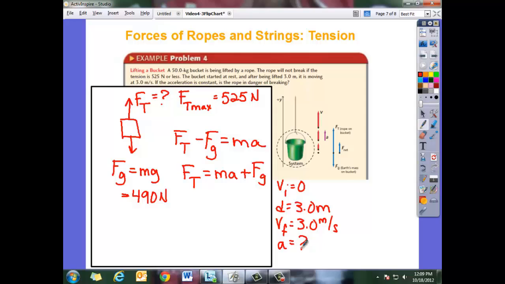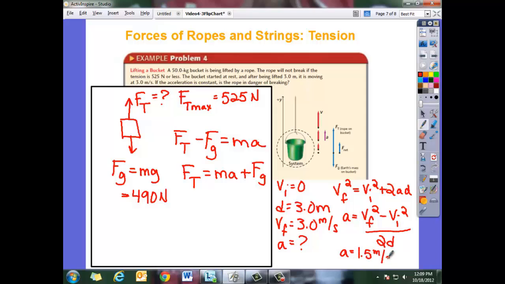So I don't have time, so I use the fourth motion equation, and I rearrange it for acceleration, which would be Vf squared minus Vi squared over 2d. So I plug into my calculator 3 squared divided by 2 times 3, which gives me 1.5. So the constant acceleration of the bucket is 1.5 meters per second squared.